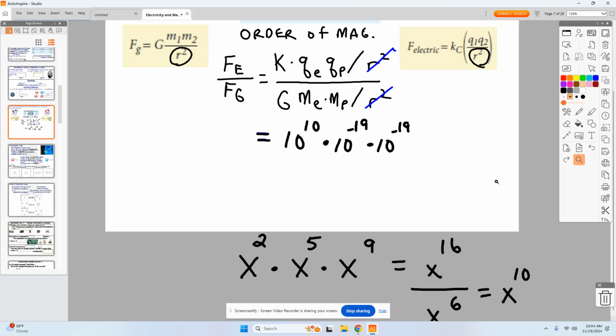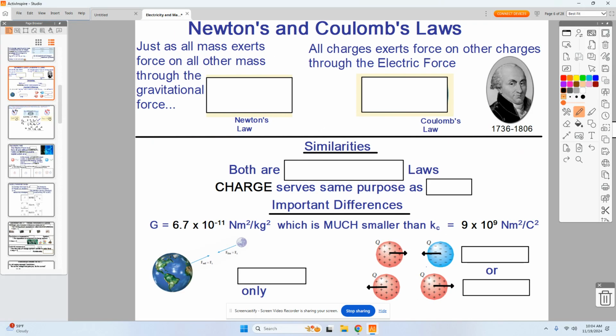Now, I want to do the same thing for the gravitational force. So now I'm going to do the denominator of this. Okay, G, for those of you that missed this yesterday, we talked about G being the gravitational constant, 6.7 times 10 to the negative 11. That number is bigger than 5. 6.7 is bigger than 5, so I'm going to take that exponent and raise it by 1.